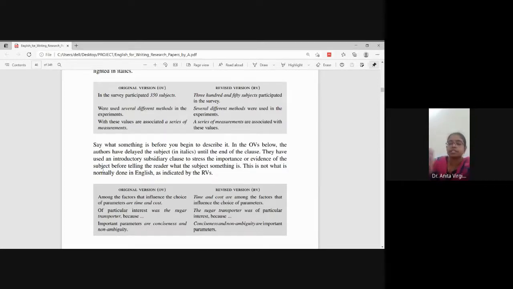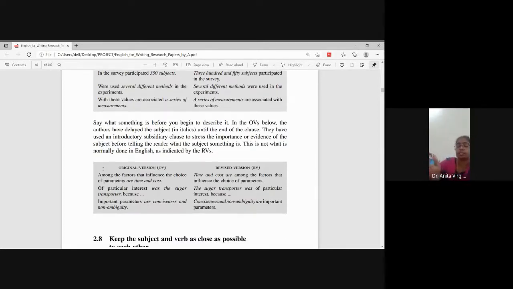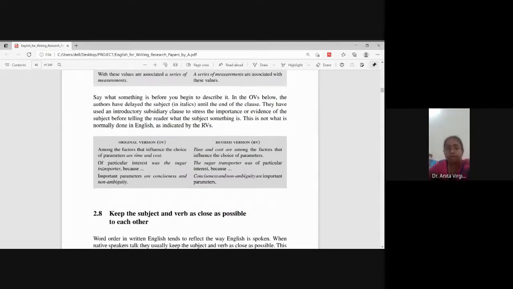If you just see this part, the first part is just talking about this time and cost only, but it is just saying some idea about this time and cost. So this is how some authors tend to write. I don't know, maybe most of your science papers will have sentences like this, isn't it? But in English, this has to be avoided.